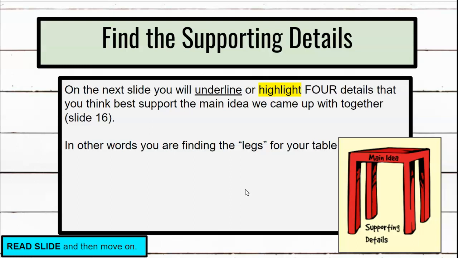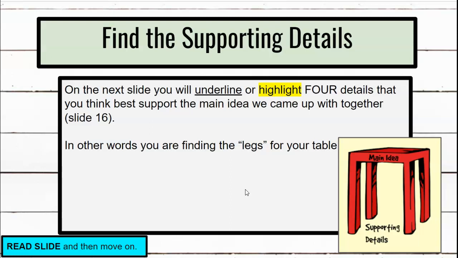On the next slide, you're going to see the same paragraph, except now you're going to be looking for the supporting details. So you are going to find 4 details, and you're going to either underline or highlight them. Again, these are the details that support our main idea.